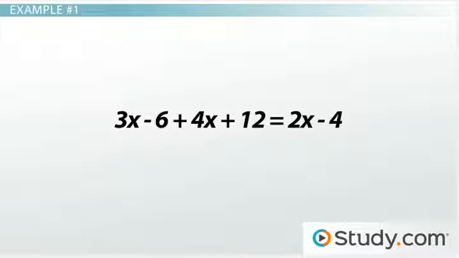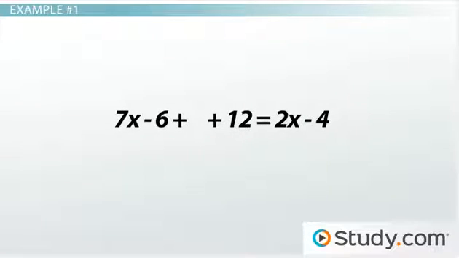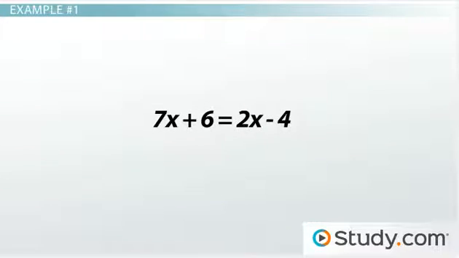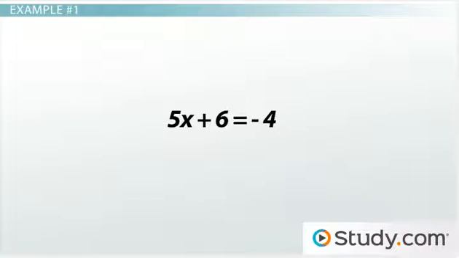Collect like terms and solve. 3x plus 4x is 7x. Negative 6 plus 12 is 6. We end up with 7x plus 6 equals 2x minus 4. Subtract 2x from both sides. 7x minus 2x equals 5x. Subtracting from the other side just cancels out the 2x, and we get 5x plus 6 equals negative 4.